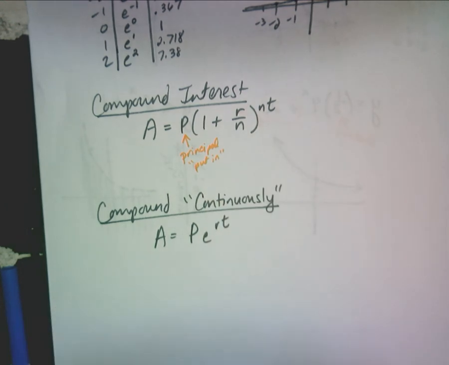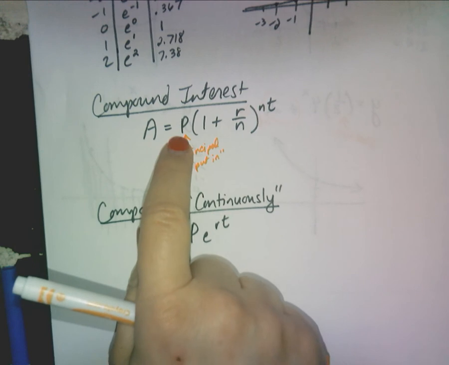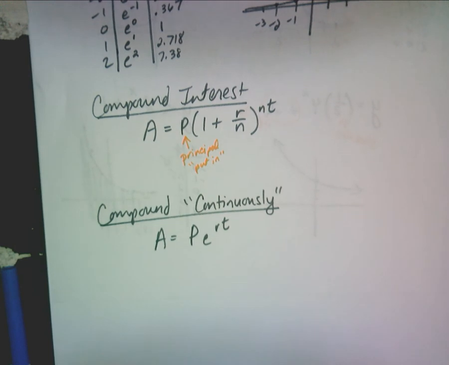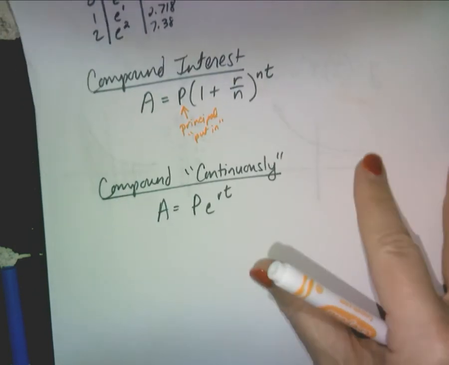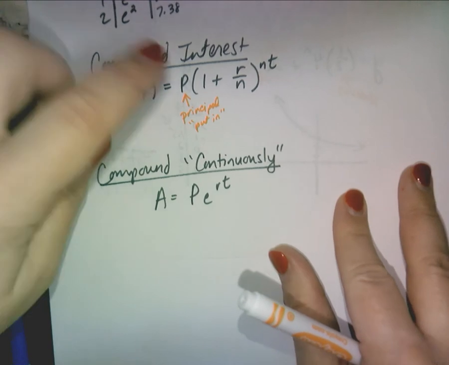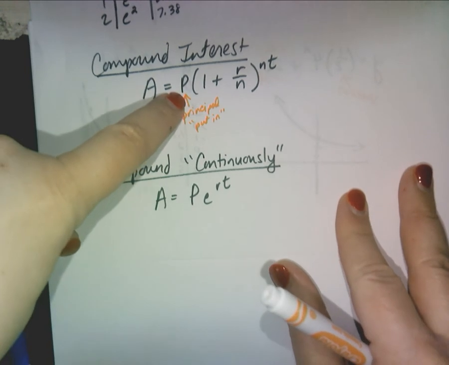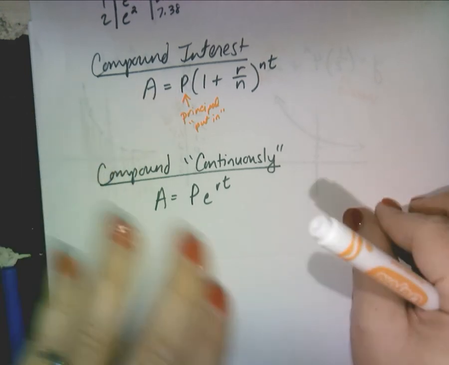For a loan, it would be the amount that you're taking out. But for a savings account, you know, grandmama gave you $5,000 and you put that into the bank. That's your P, 5,000. For your student loan, you know, oh, I got to take out a loan of $30,000. That goes there.